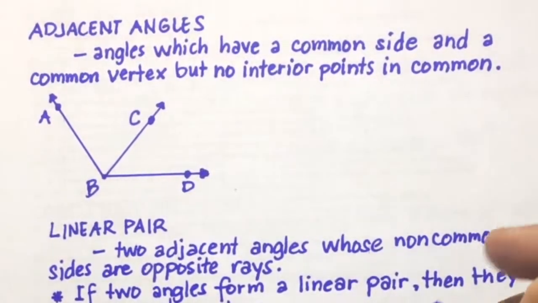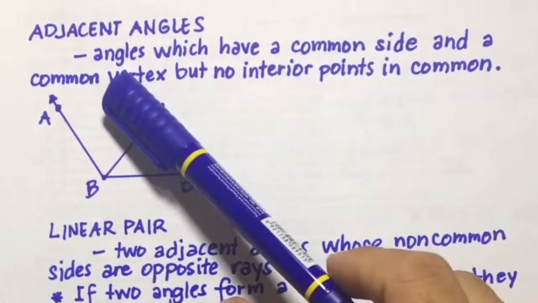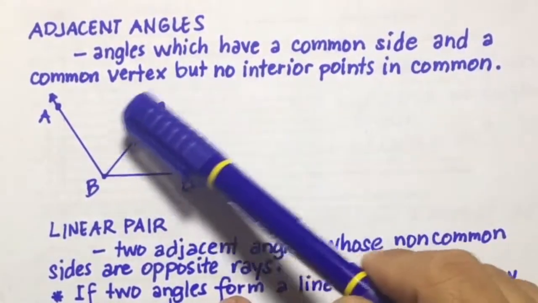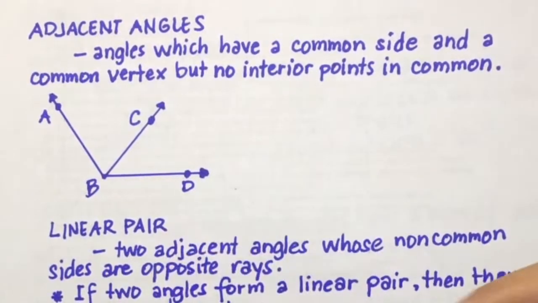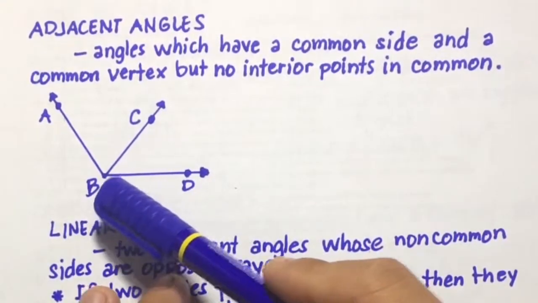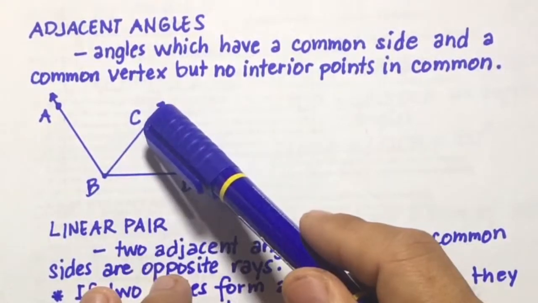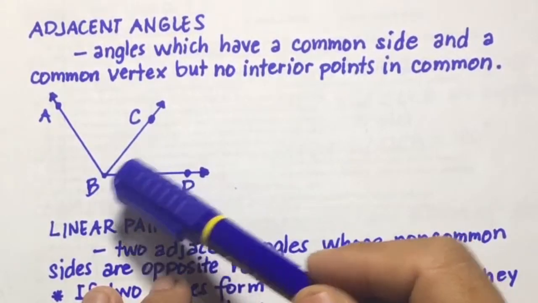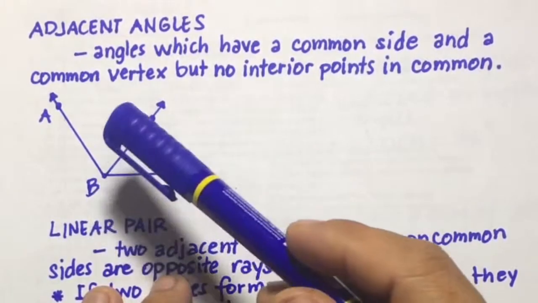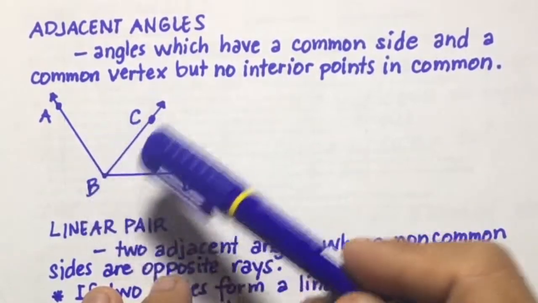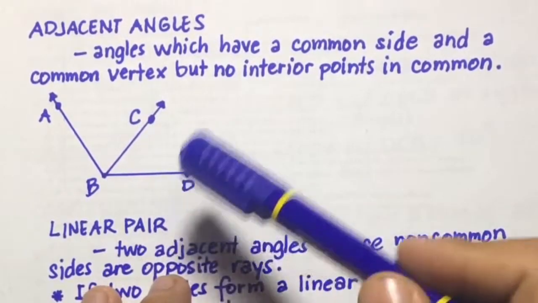Next is adjacent angles. Adjacent angles are angles which have a common side and a common vertex but no interior points in common. Now in this figure here, the common side is ray BC and the common vertex is point B. And the two non-common sides here are ray AB and ray BD.